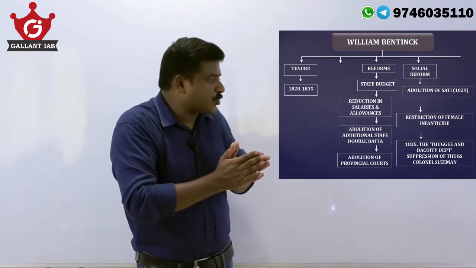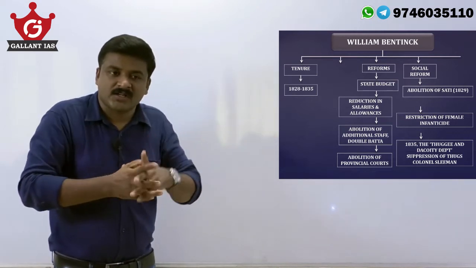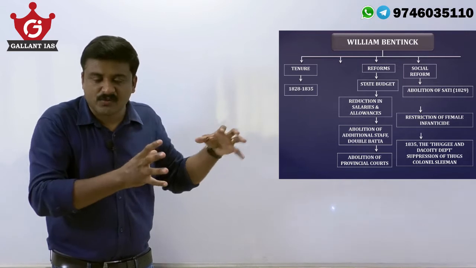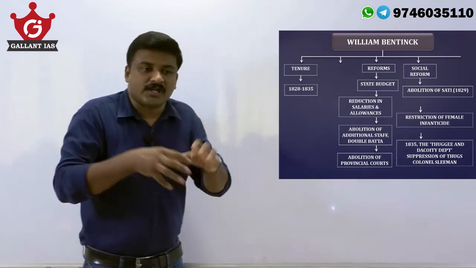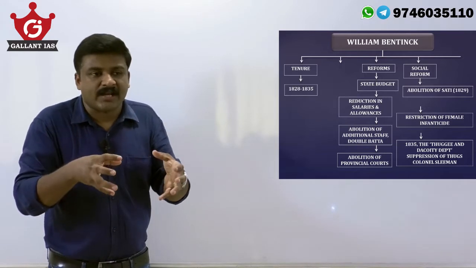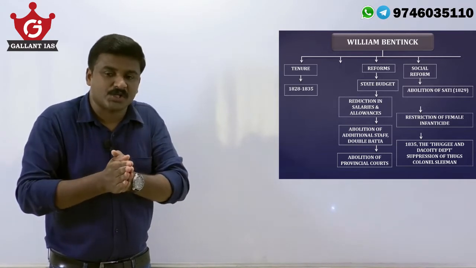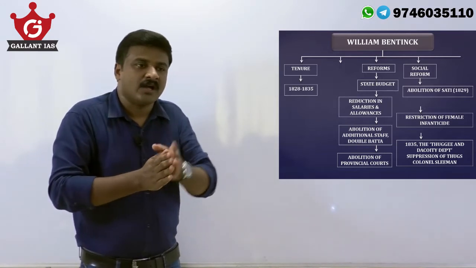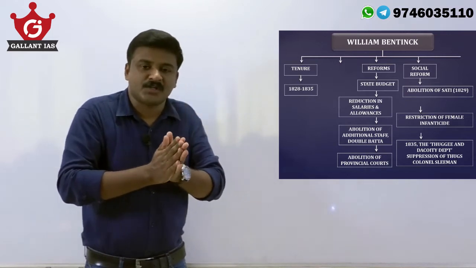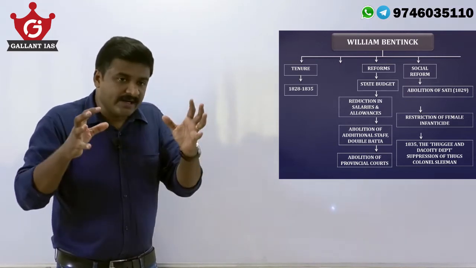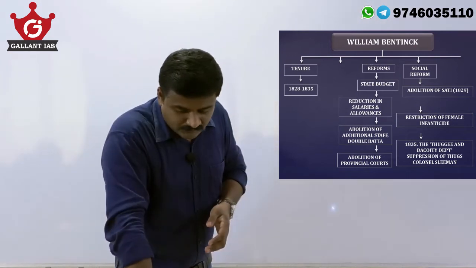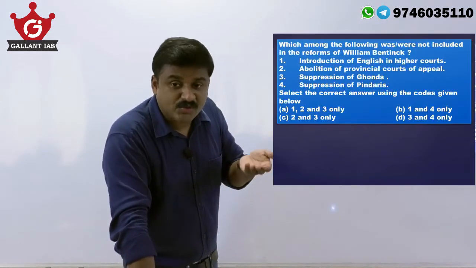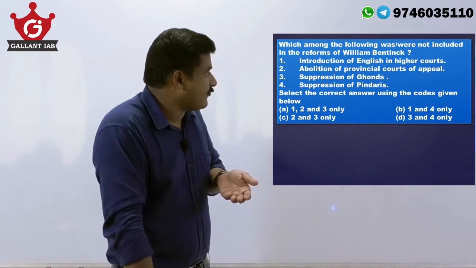Colonel Sleeman was in charge of this mission. Then in the lower courts he introduced the local language, and in the higher courts he introduced English instead of Persian. He appointed a public instruction committee under the chairmanship of Lord Macaulay, and English was accepted as the official language and the medium of instruction.